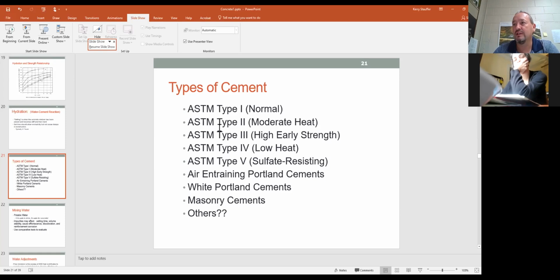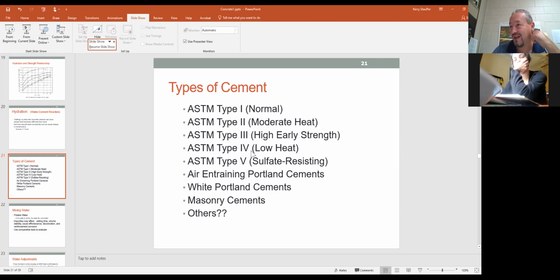A couple other interesting ones here might be low heat. I mentioned earlier that hydration is a chemical process and it emits heat. It's generally not a problem, but if you had something like, and I'll be kind of ridiculous, Hoover Dam, where you have a tremendous amount of concrete, then it would be important for you to control the heat.